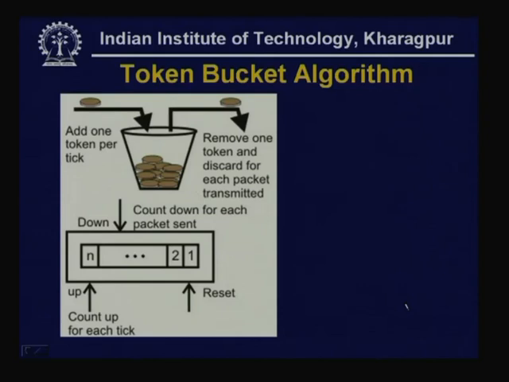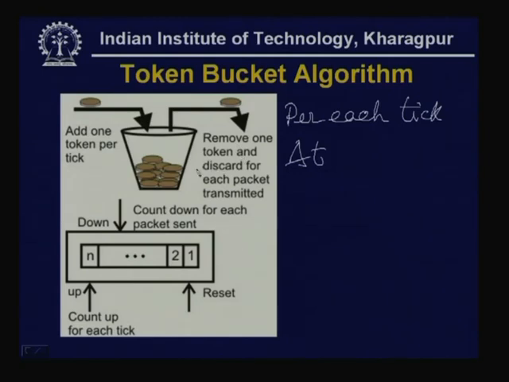In the token bucket algorithm, instead of controlling it, it is done in a different way. You have some kind of counter, and per each tick, say delta t, a token is added to the bucket, and whenever packets come, if you have enough tokens accumulated, then it allows the traffic to be sent at the rate at which it has come.